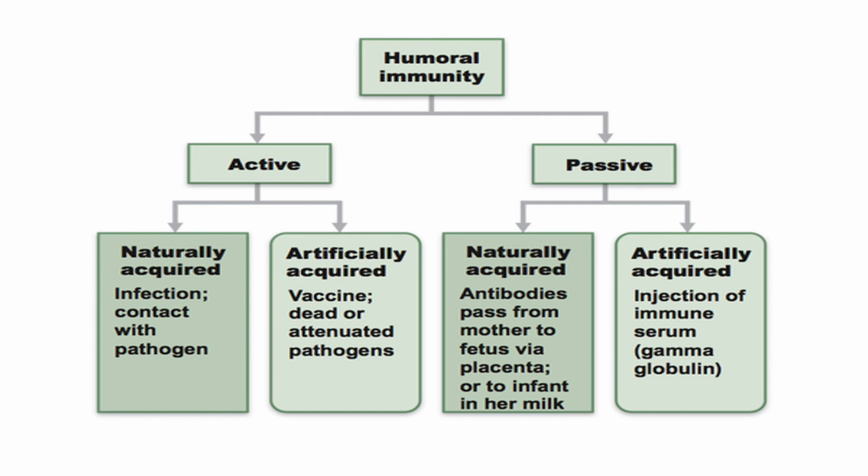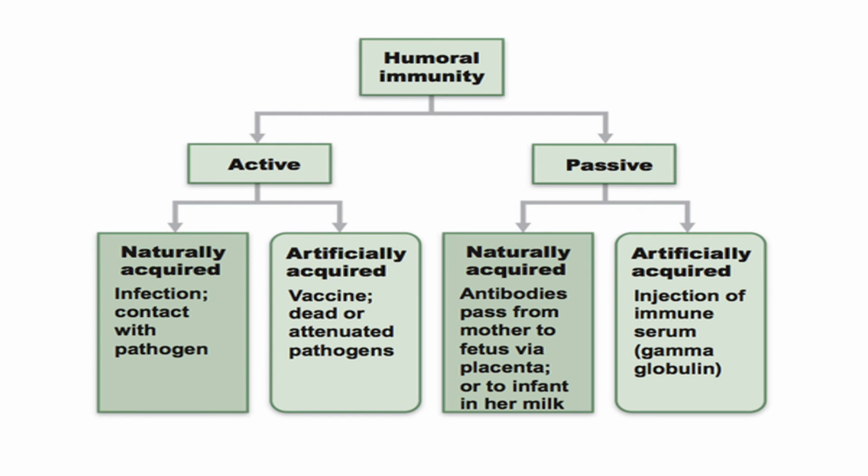If it's active, it can be either naturally acquired, a good example being having the infection, contact with a pathogen, or artificially acquired, through vaccines, which can be dead or attenuated, meaning weakened, pathogens, but you create your own antibodies. The passive type of humoral immunity can be either naturally or artificially acquired.